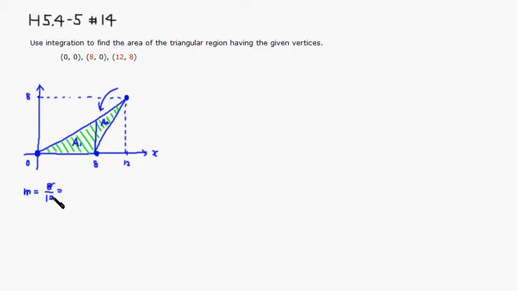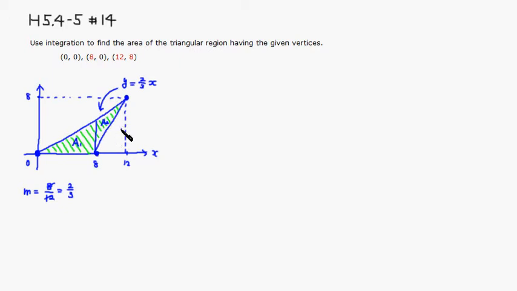Divide top and bottom by 4, so it's 2/3. So the equation is y equals 2/3 x, and the y-intercept is 0.